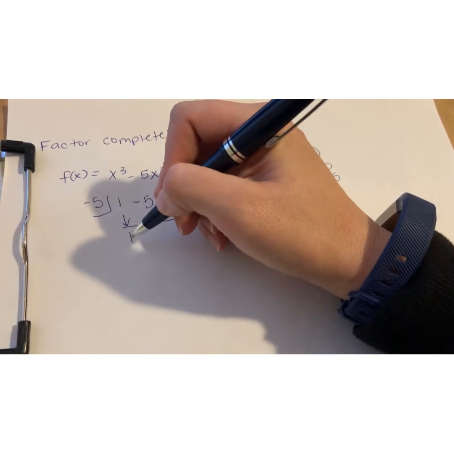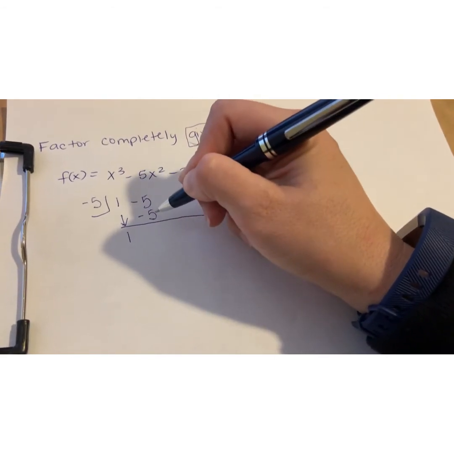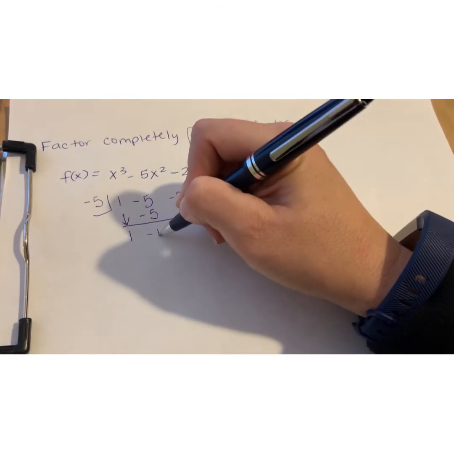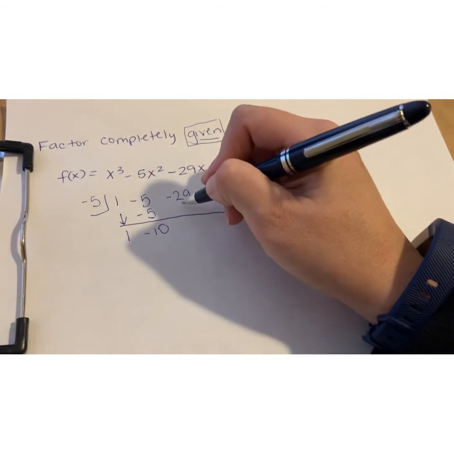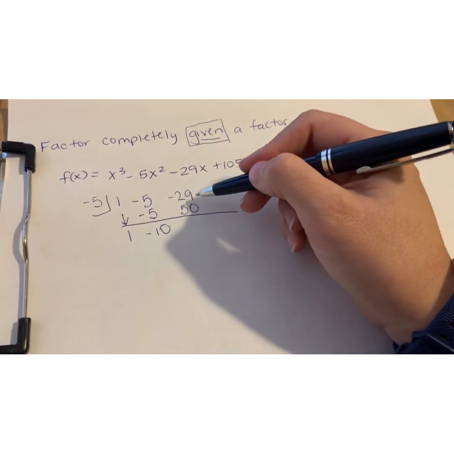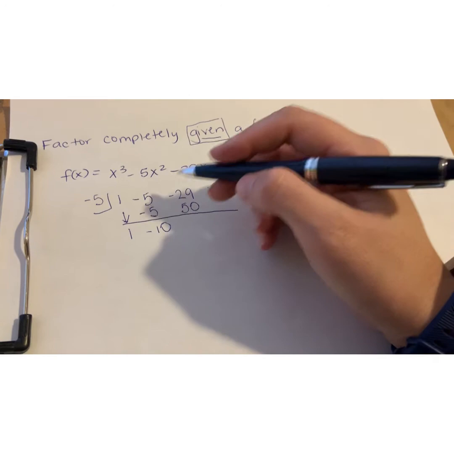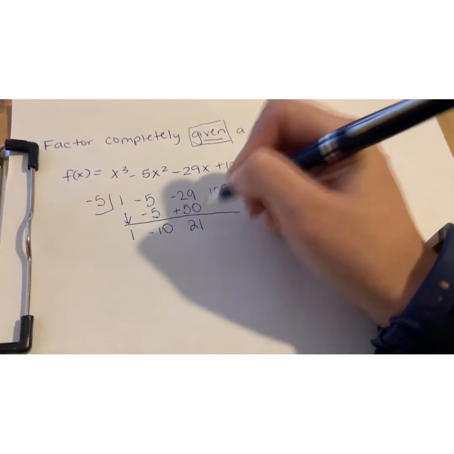So -5 times 1 is -5. -5 minus 5, -10. Negative 5 times 10 is 50. I think negative 29 plus 50 is going to be 21.